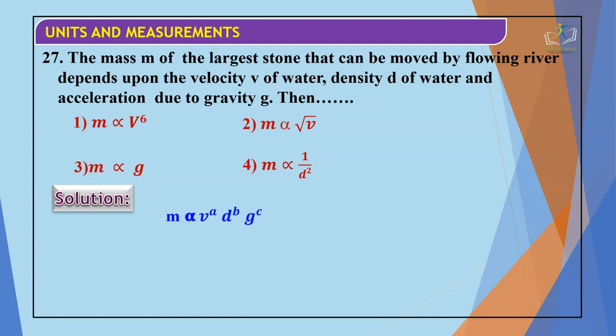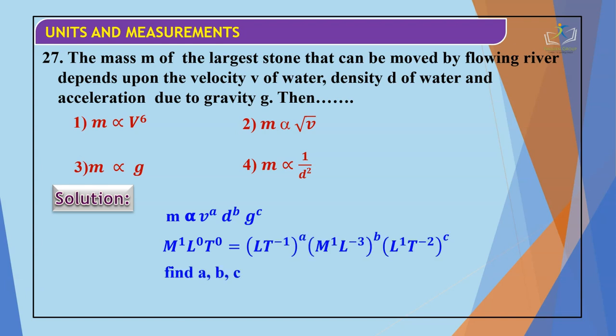So here, m is directly proportional to v to the power a, d to the power b, g to the power c. Now we put in the dimensional formulas. Velocity's dimension is LT minus 1, density ML minus 3, g is LT minus 2. Now we can find the values of a, b, c from here, which gives m directly proportional to v to the power 6.